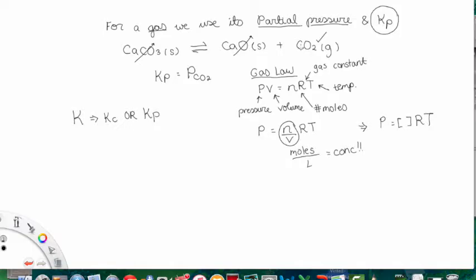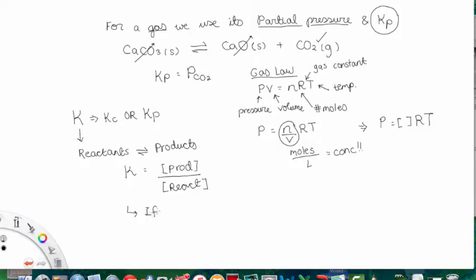Okay, so now what does the equilibrium constant K tell us? Remember that we're going from reactants to products, and K represents the concentration of the products over the concentration of the reactants. What does this mean?